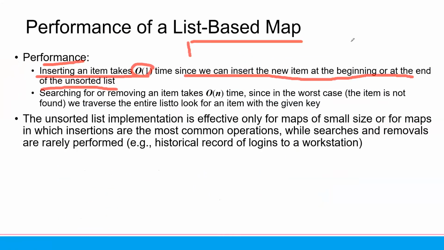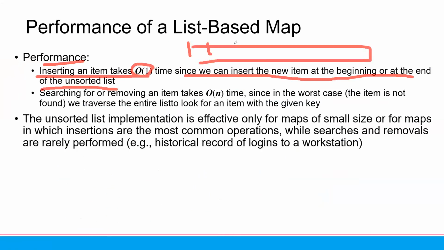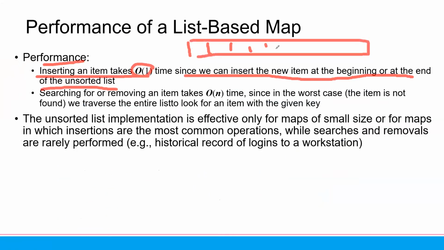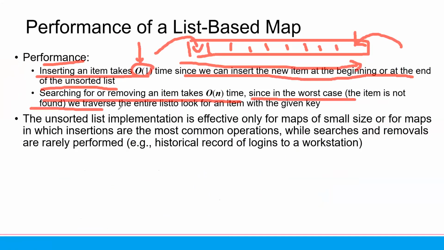If we have a list, we can add a new item either at the beginning or the last part of the list, so it will take O(1). Searching or removing an item takes O(n). If we want to find some element here, then in the worst case it will be O(n), since in the worst case the item is not found, and we traverse the entire list to look for an item with a given key.